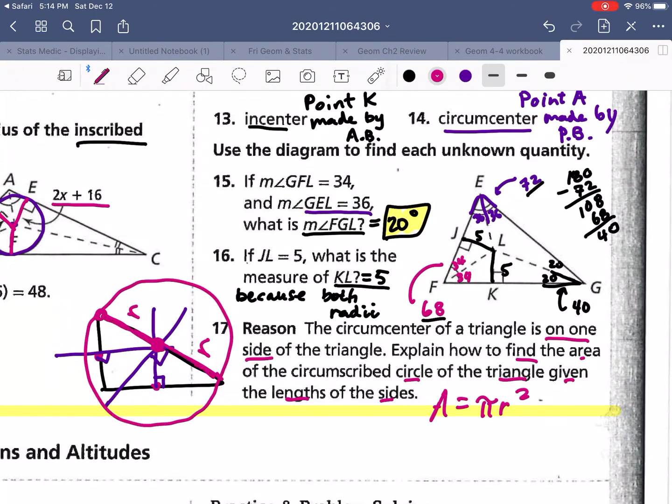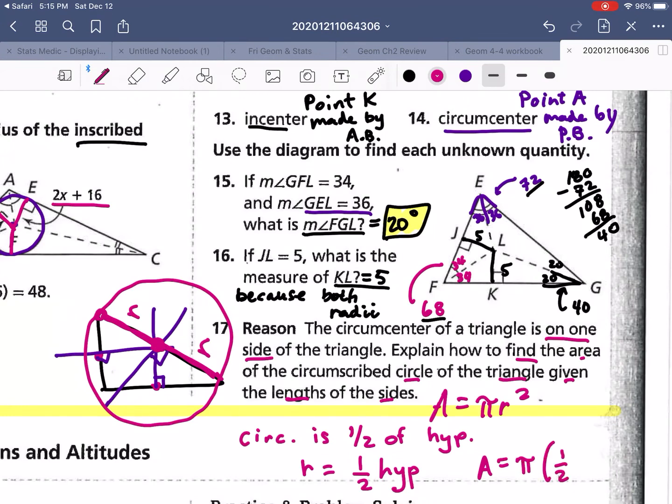The circumcenter is half of the hypotenuse. So if I know the length of the side, the radius is equal to 1/2 the hypotenuse. So how would I find the area? It's equal to pi times 1/2 the hypotenuse, squared.